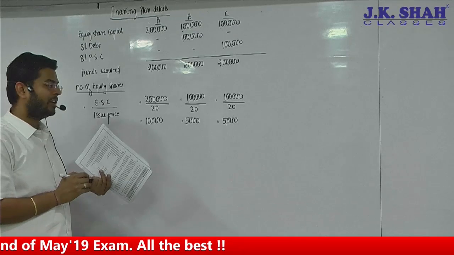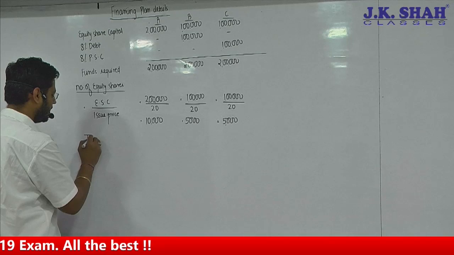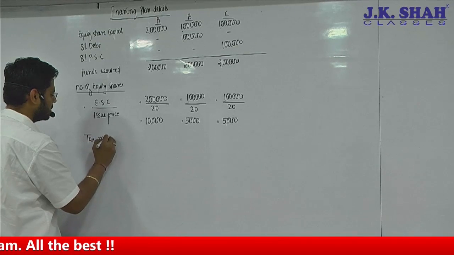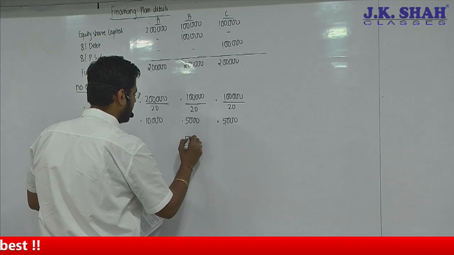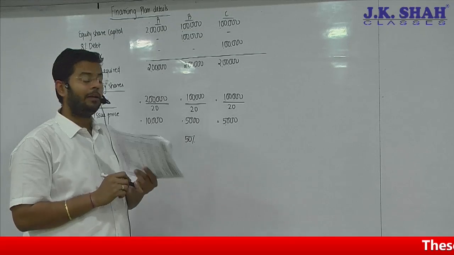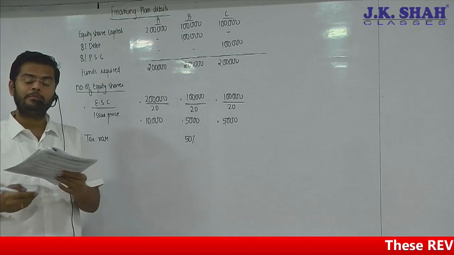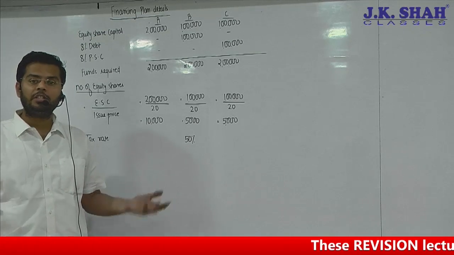And once you have these numbers of shares, the next thing that you need to check is the rate of tax. So the tax rate is how much? Just check please. The applicable tax rate is 50%. Once my table of financing is ready, I am just supposed to go through the required part of the sum and finish it off.